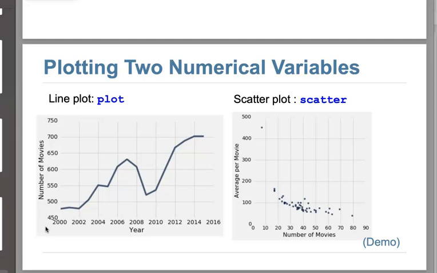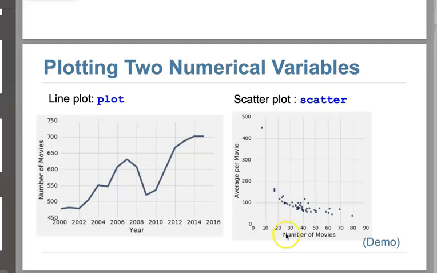And sometimes if your x-axis doesn't really change gradually, or we don't really want to see the pattern of how they change, we just want to see the location of those values, how they reside. Then maybe you can use the scatter plot.